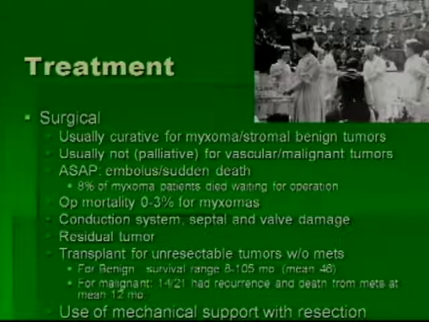It's been recently proposed that you can cut out a lot more of the heart and get wider excisional margins if the patient can be placed on mechanical support, and this might actually facilitate some surgical resections of tumors in the future, although it is probably not widely performed at this point.